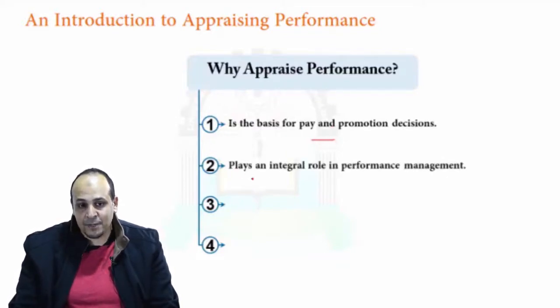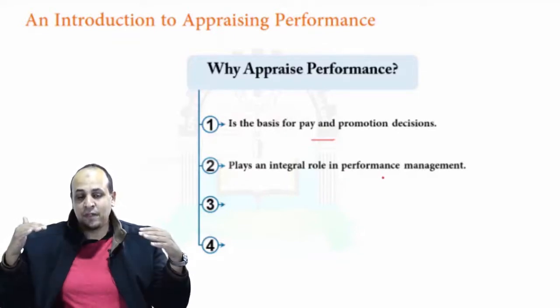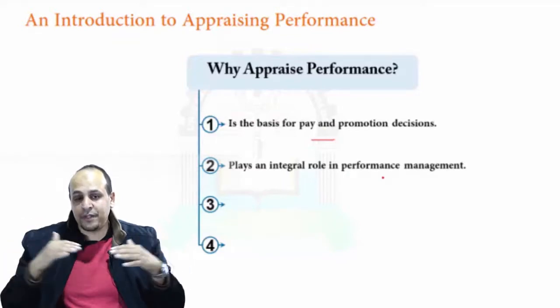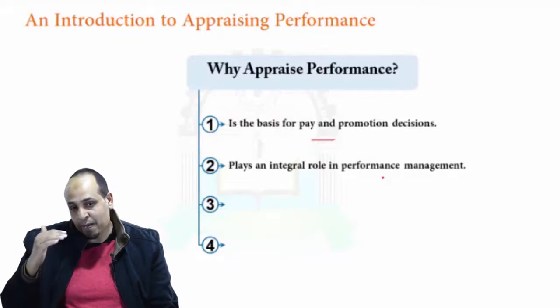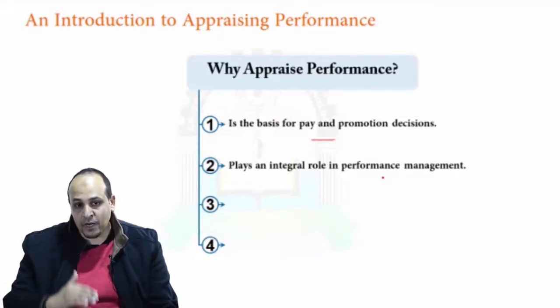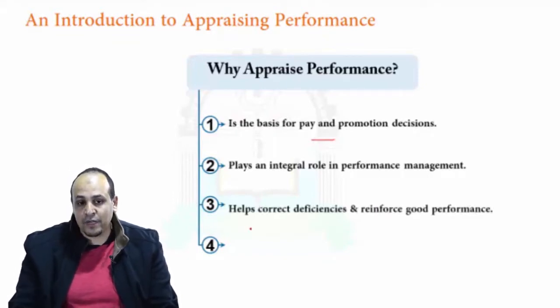Besides, this plays an integral role in performance management. We said before, performance management is quite comprehensive for the whole company, considering the whole performance of the company. So one way to do it is by measuring the performance of different departments below this level. So that is why it is part of performance management. It also helps correct deficiencies, should there be any, and reinforce good performance.